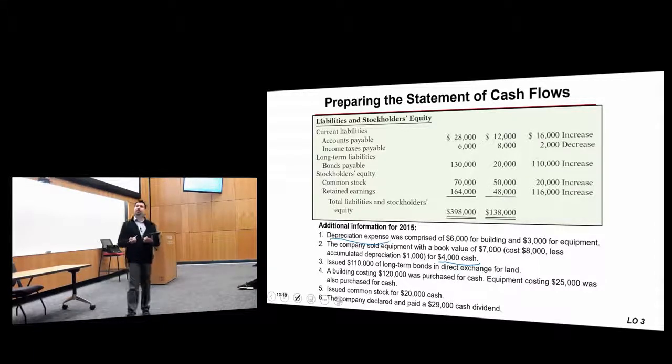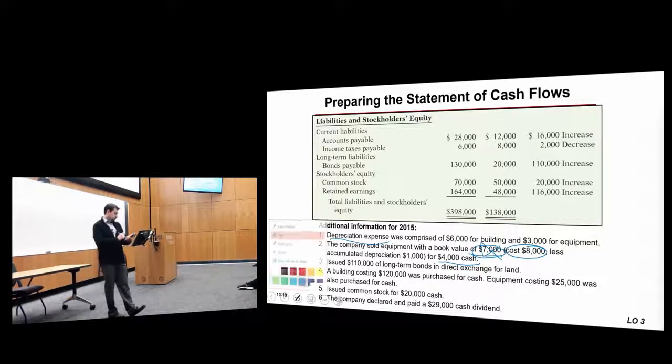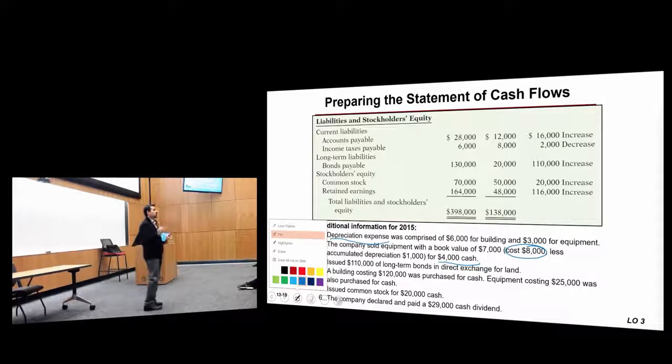The company originally purchased it for how much? No, 8,000, not 7,000. The company actually paid 8,000. You automatically know that the difference is gain or loss, but here you're not talking about gains or losses. What you're talking about is how much you received and how much you paid.